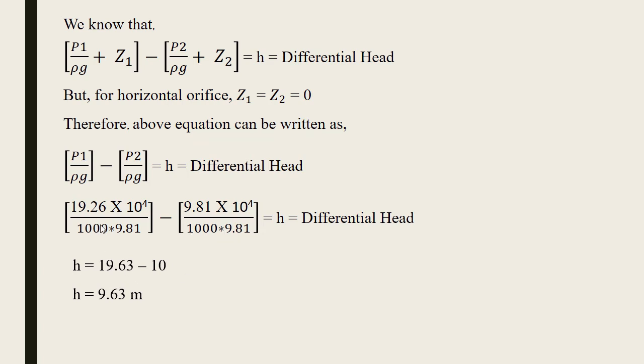So this term value is 19.63 and this term is going to be 10. So the differential head value H, if you subtract this value, I'll get 9.63 meter. So H is going to be 9.63 meter.